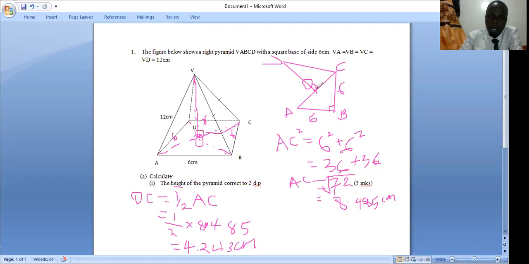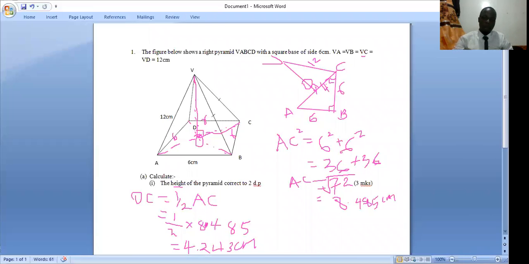We found OC, O to C, which is 4.243. We also have VC from the question, VC is equal to 12. Using Pythagoras theorem, we can get the height. As simple as that.